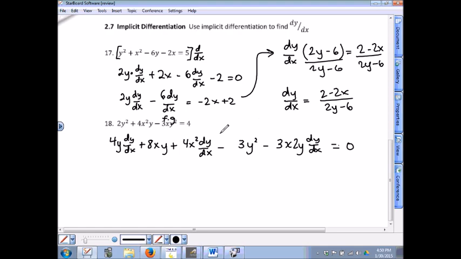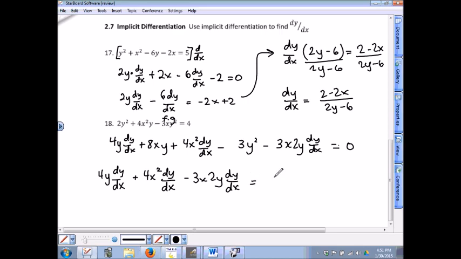And then it's a similar situation as the problem above. We need to get all the dy dx terms on the same side. So this is going to be 4y dy dx plus 4x squared dy dx minus 3x times 2y dy dx. These are all the terms that have a dy dx factor.